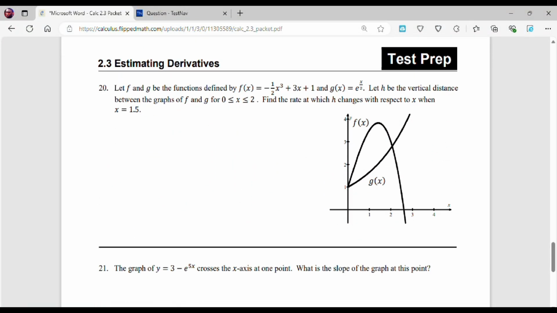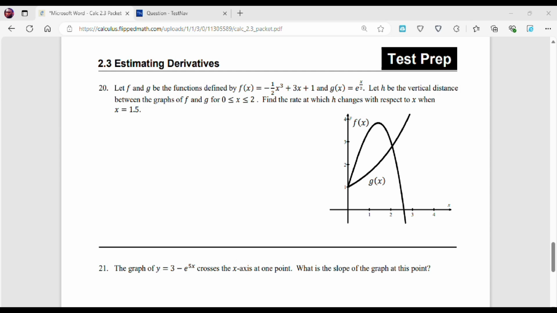Now, we are going to get to the test prep, which should be fun. Now, let's read this. Let f and g be the functions defined by f of x equals negative 1 half x cubed plus 3x plus 1 and g of x equals e to the x over 2.